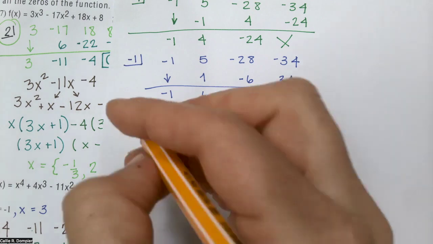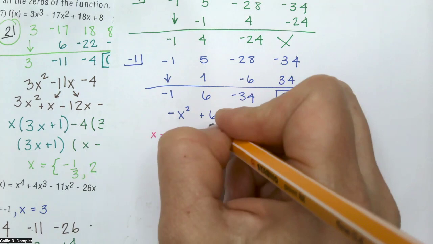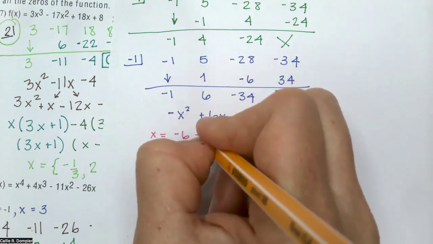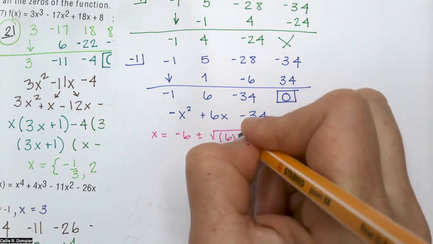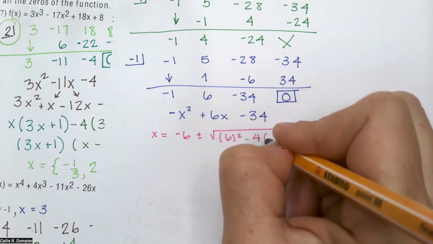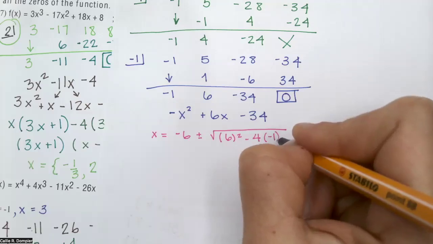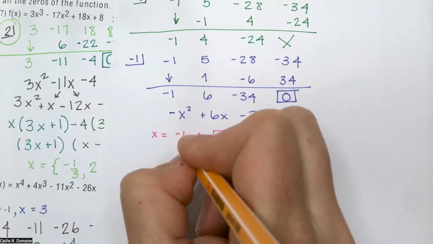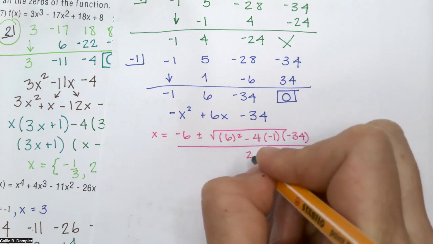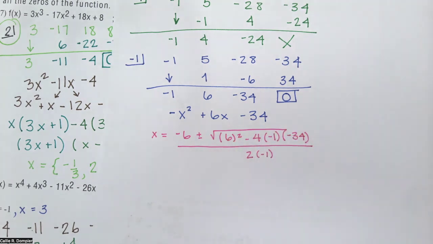Quadratic equation is x equals -b, so -6 plus or minus the square root of 6 squared minus 4 times a, which is a -1, times c, which is a -34, over 2 times -1. Good.